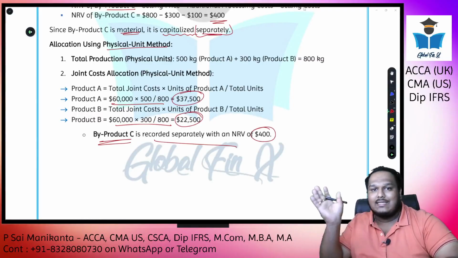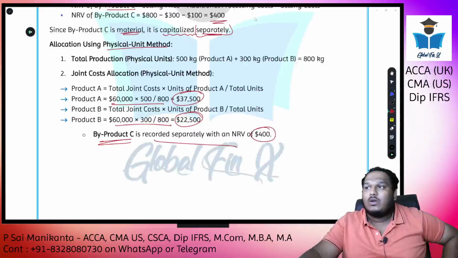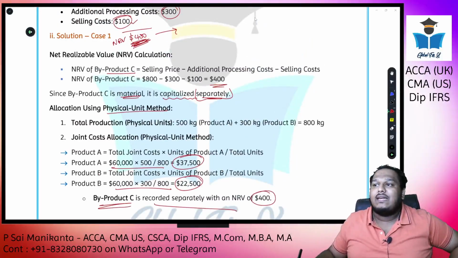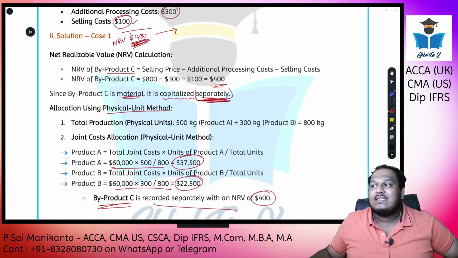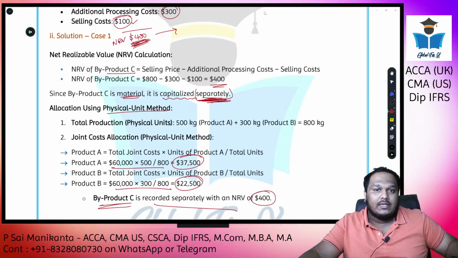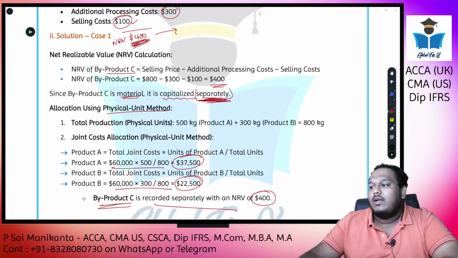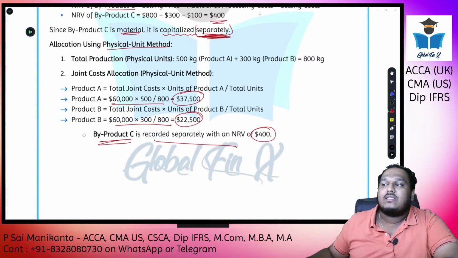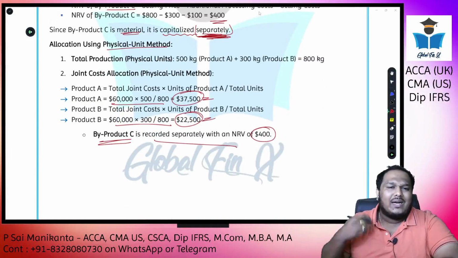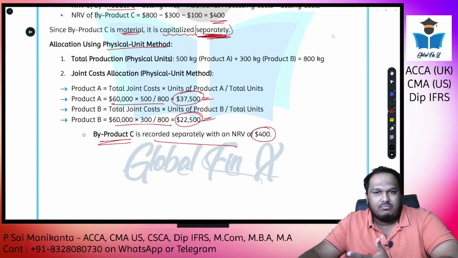That is treated as a separate revenue account. Like I mentioned, it will be capitalized as a separate revenue item. Okay. So again, if its NRV is also something similar to this, then it will automatically become a joint product, right?